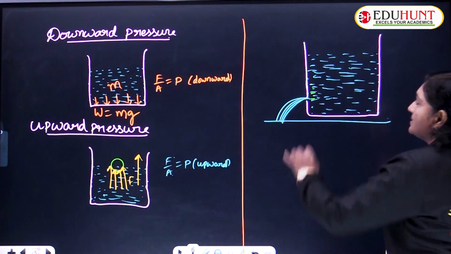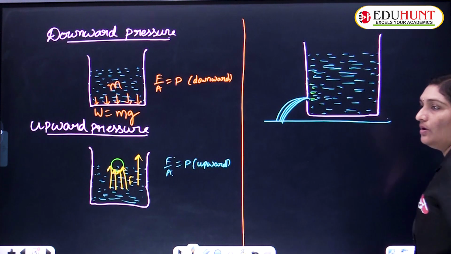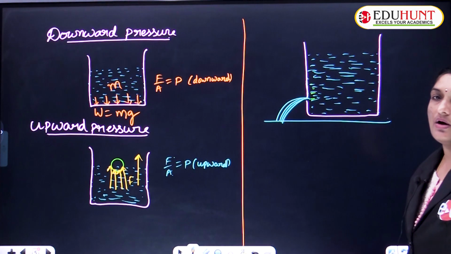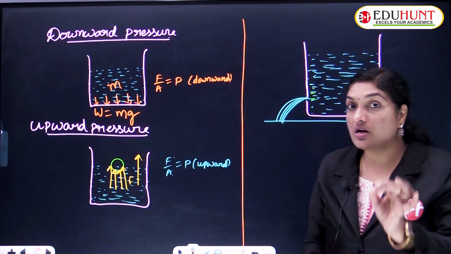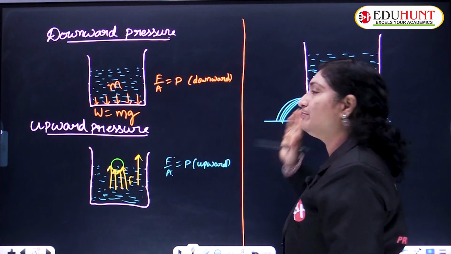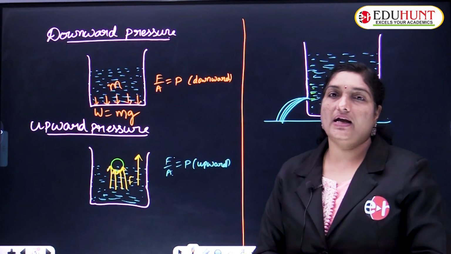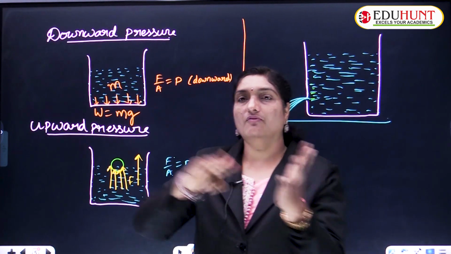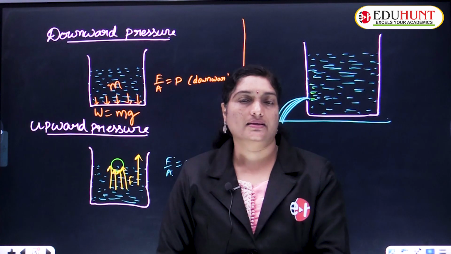So these are the walls of the container. Because of that pinhole, a small hole that we have kept at the side wall of the container, the water immediately comes out and falls at some particular distance.